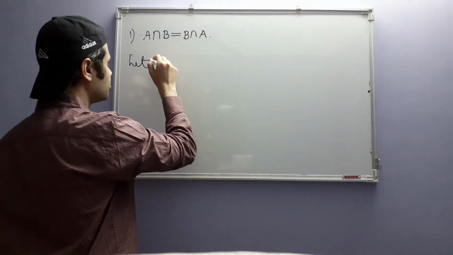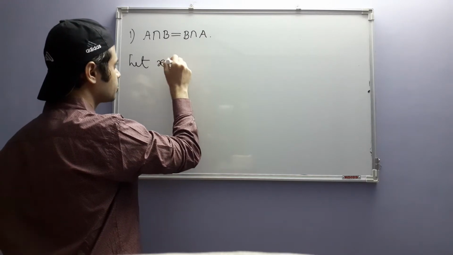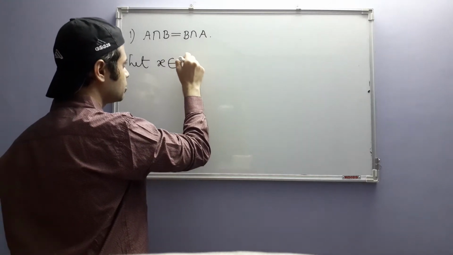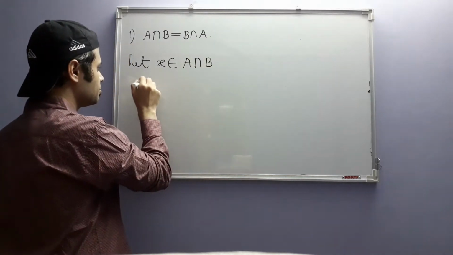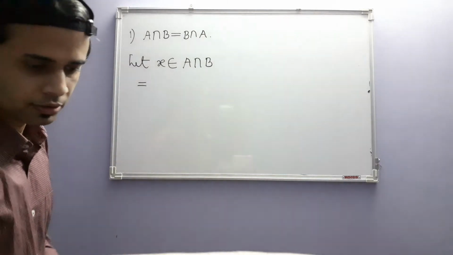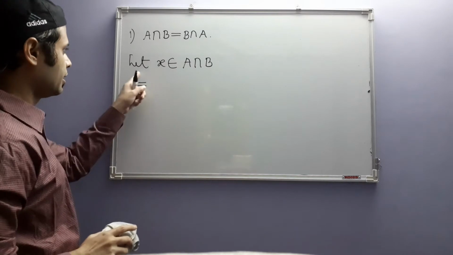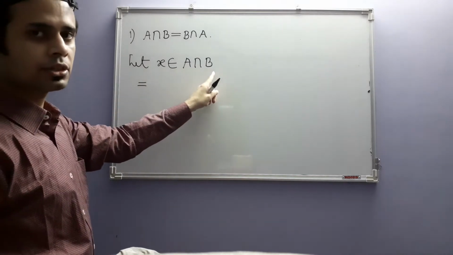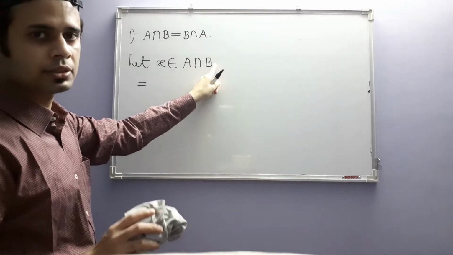So we start by assuming an element in the first set. Okay, I keep on writing "let". If you write "let x belong to A intersection B", then you have to write a full stop here. That sentence ends.